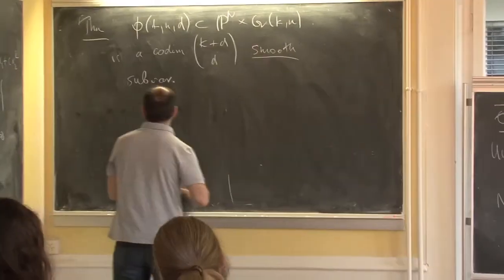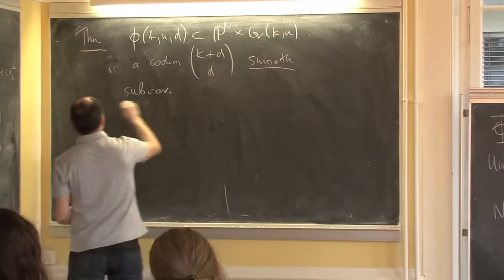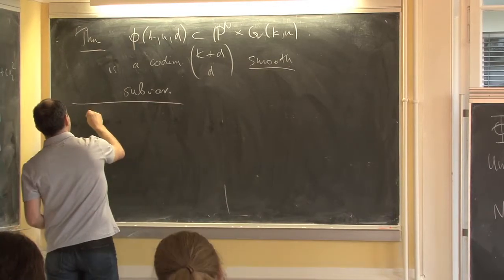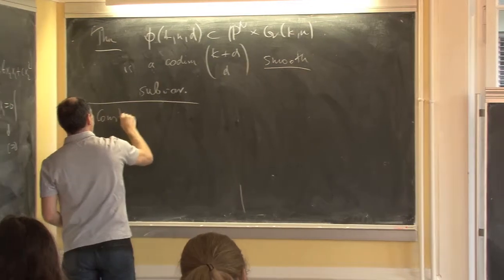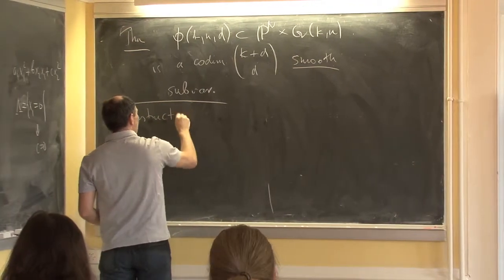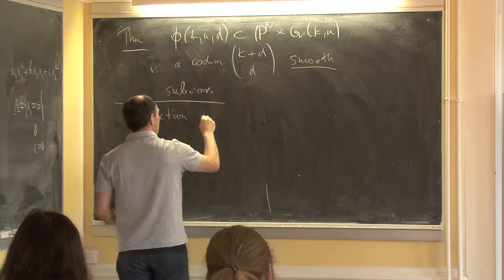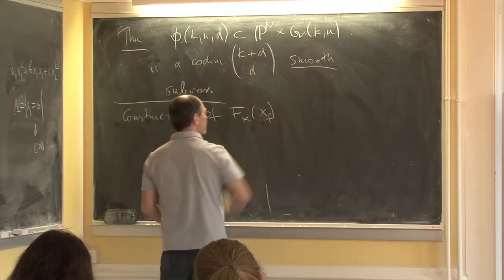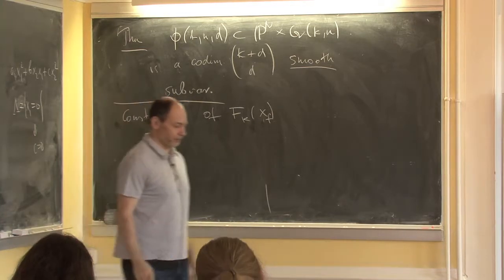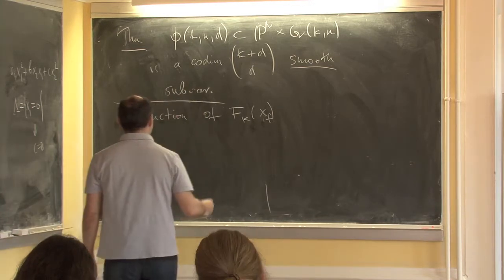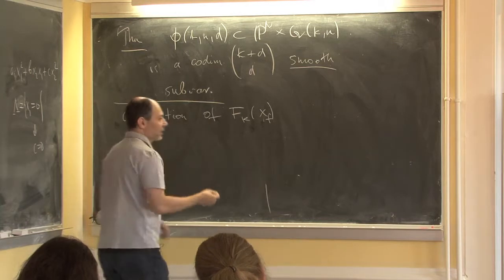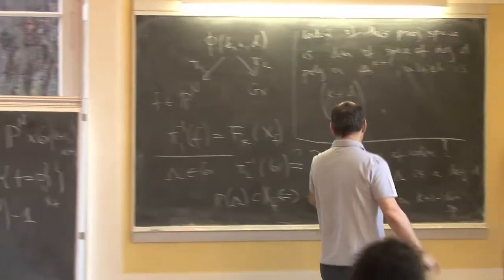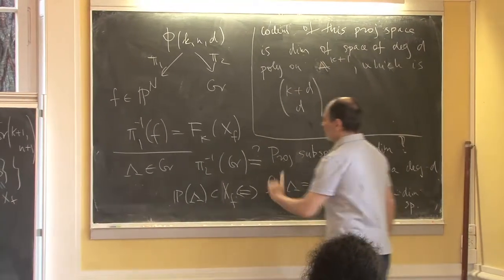So I have to stop now. Moreover, we have the following construction now. Or just a representation of this F_k(X), which is the following. I can take the Grassmannian, take up this idea and reverse it.